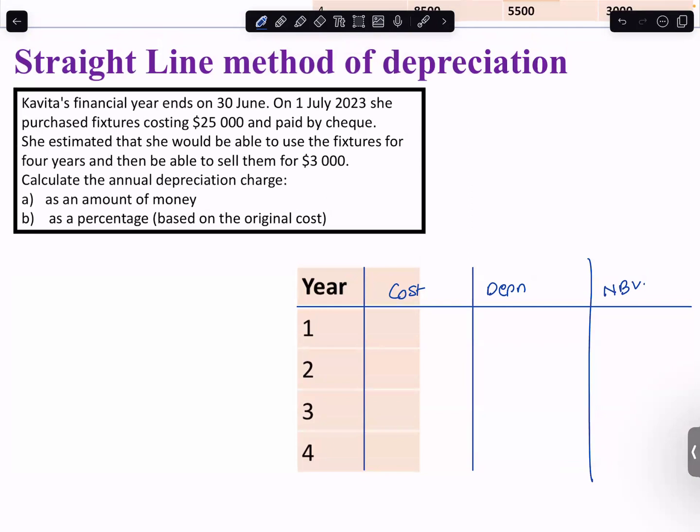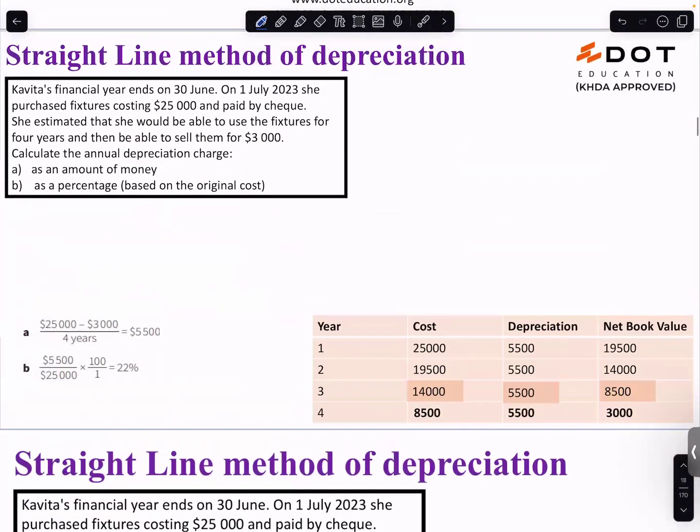Okay, we are doing calculation of depreciation under the straight line method. When we talk about the straight line method of depreciation, what does that mean?